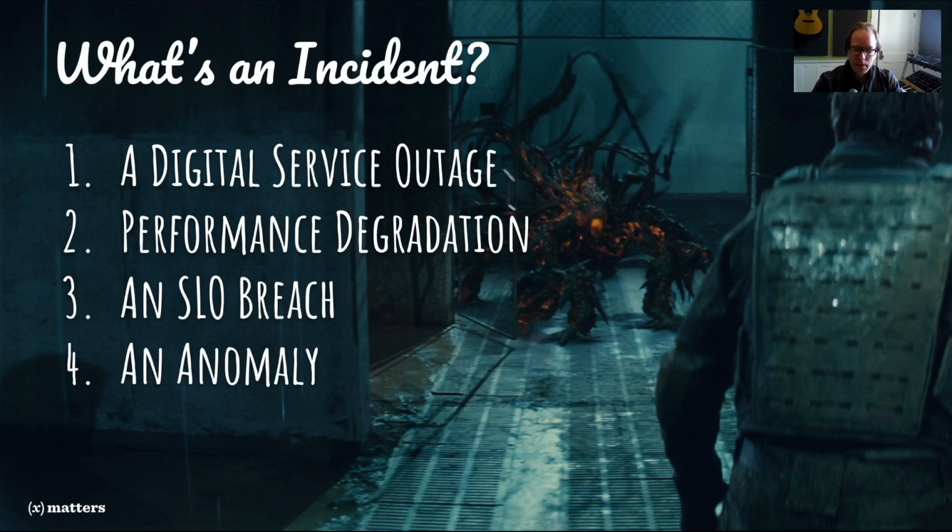With the ability to collect lots of metrics and run machine learning algorithms on those metrics, we might be detecting anomalies. We might not know what the anomaly means, but we know that it could be important. So we might declare an incident to investigate further. But all of these things really boil down to the same thing, which is we're concerned with anything that's going to cause a bad customer experience.